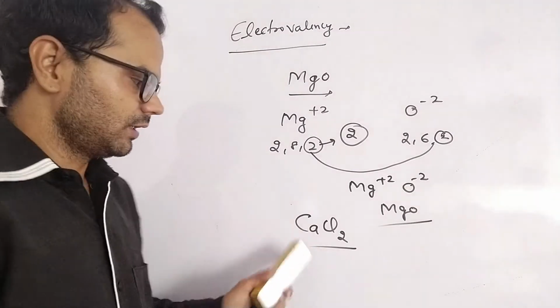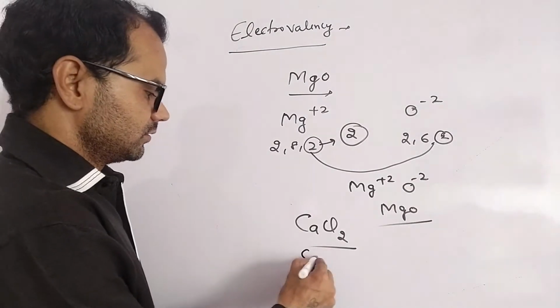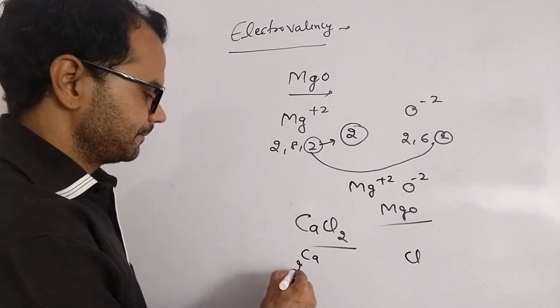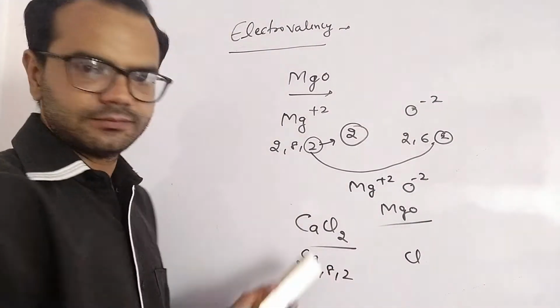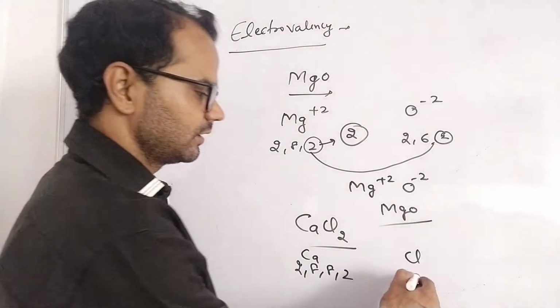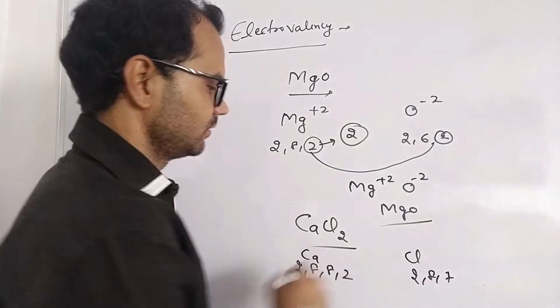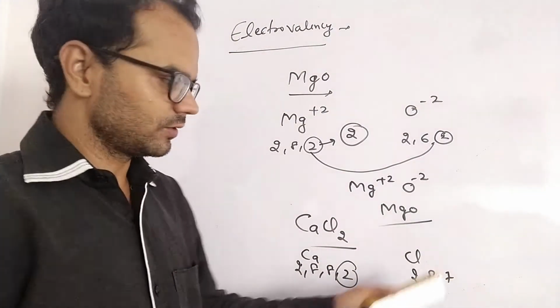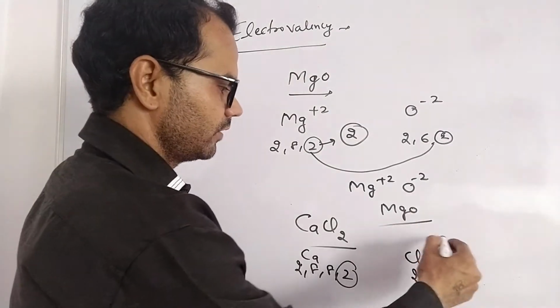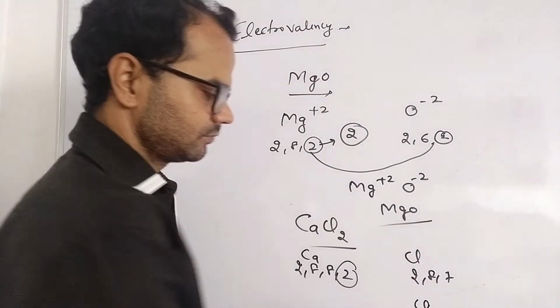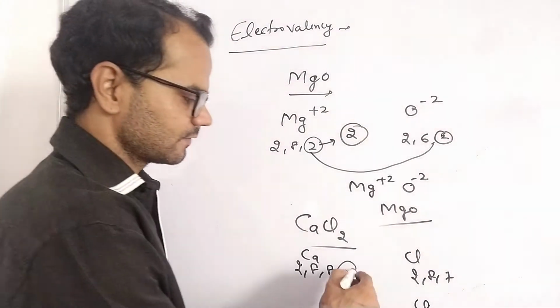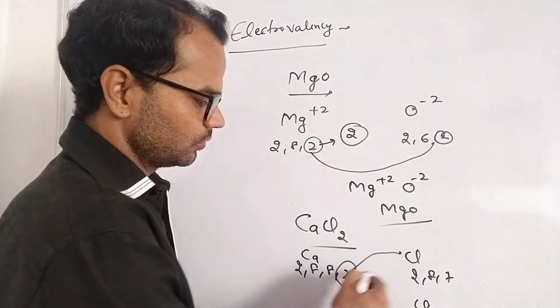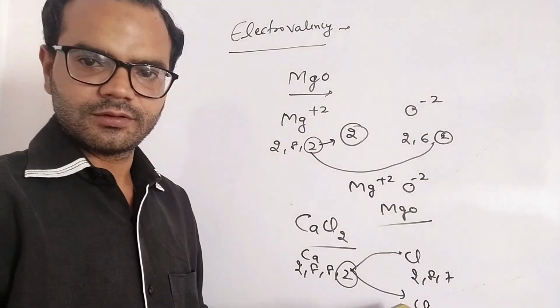I have calcium chloride. Again, calcium is 2, 8, 8, 2. Atomic number is 20. Chlorine atomic number is 17. Calcium can lose 2 electrons, but chlorine can gain only 1 electron. So definitely we need 1 more chlorine. So 2 electrons are transferred to two chlorine atoms.